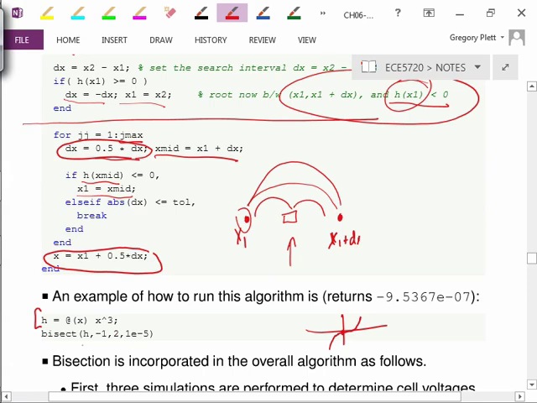And then I bisect using that function handle between -1 and +2, and my tolerance is 10 to the -5. And what it returns to me, it doesn't return 0, which is the exact location of the root. It returns about -1 times 10 to the -6, which is pretty close to 0. In fact, it's closer to 0 than my tolerance, so this has, in fact, succeeded quite well in finding that.